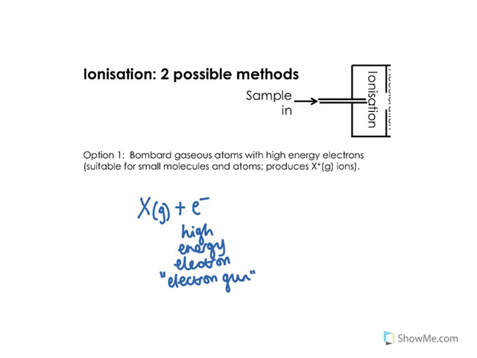It hits that atom of X, which causes an electron to be knocked out of the atom of X to produce X+ gas and an electron from X itself, but the second electron was the one that was fired at high velocity. So we've got X(g) + e- producing X+(g) + 2e-.